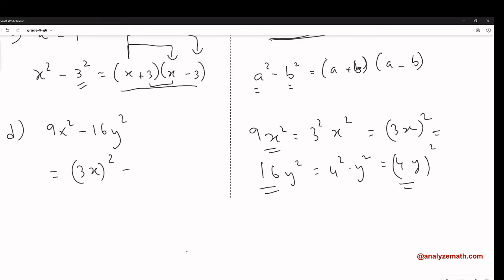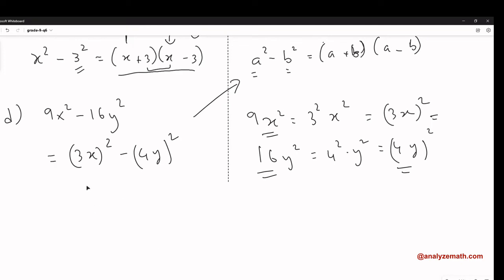16y² is (4y)² squared. And then I go and apply the formula above. So a is 3x and b is 4y, and that gives me (3x + 4y) multiplied by (3x − 4y).